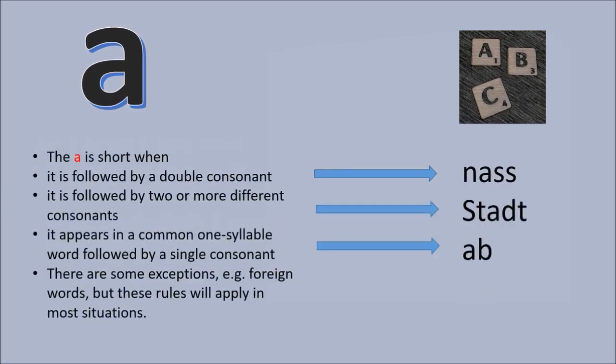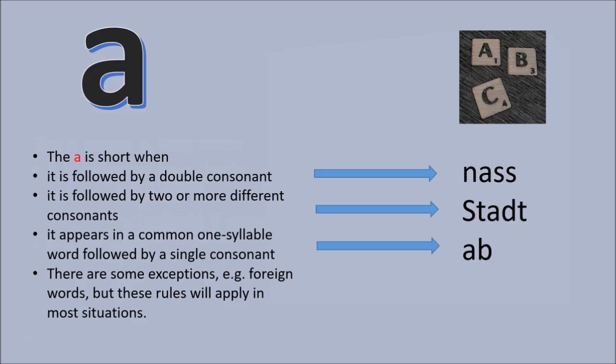It's short if it is followed by a double consonant, like nass. If it's followed by two or more different consonants, as in Stadt. And if it appears in a common one-syllable word followed by a single consonant, like ab.